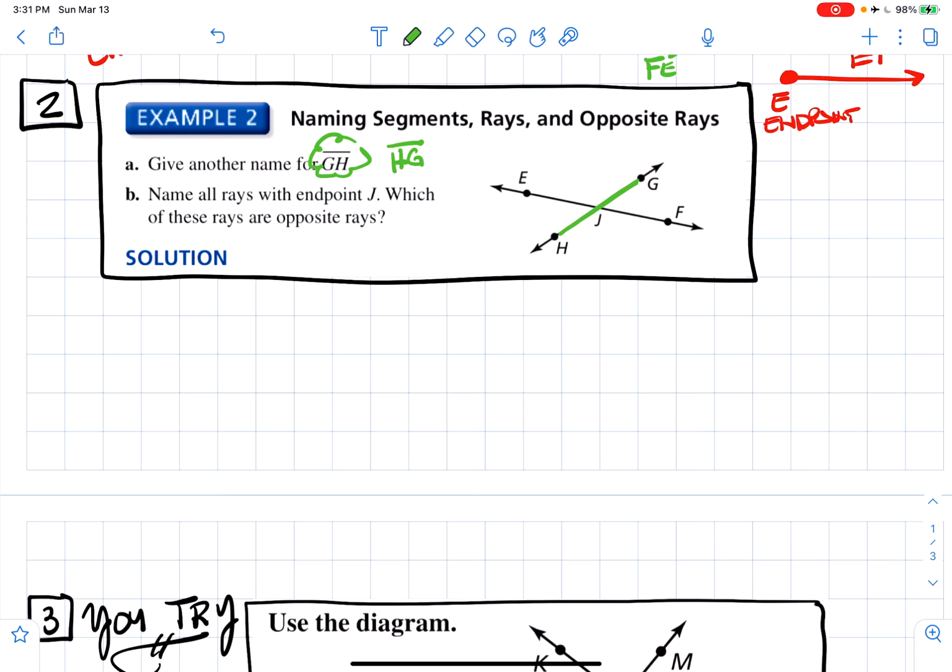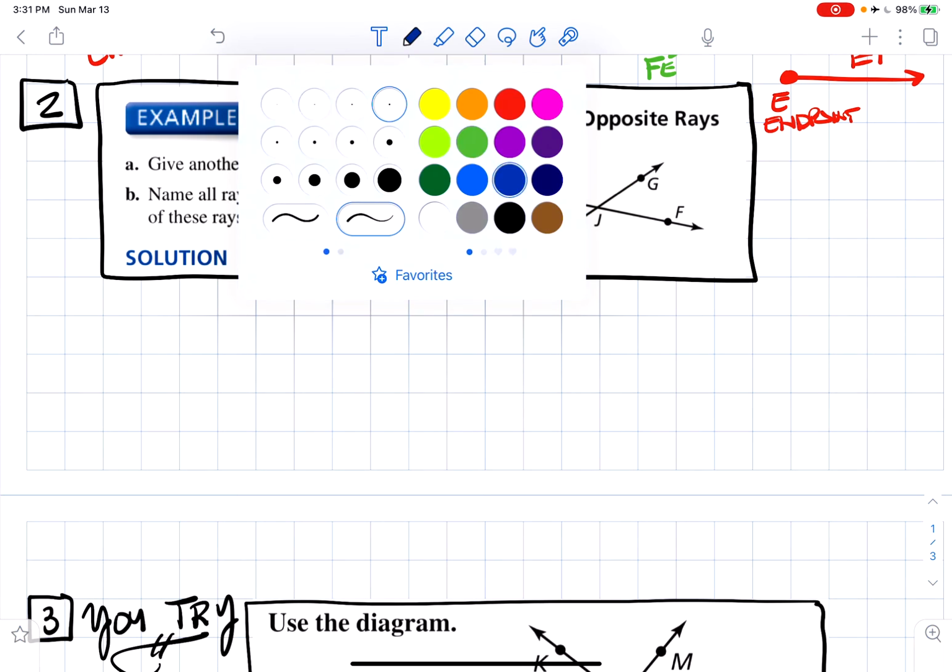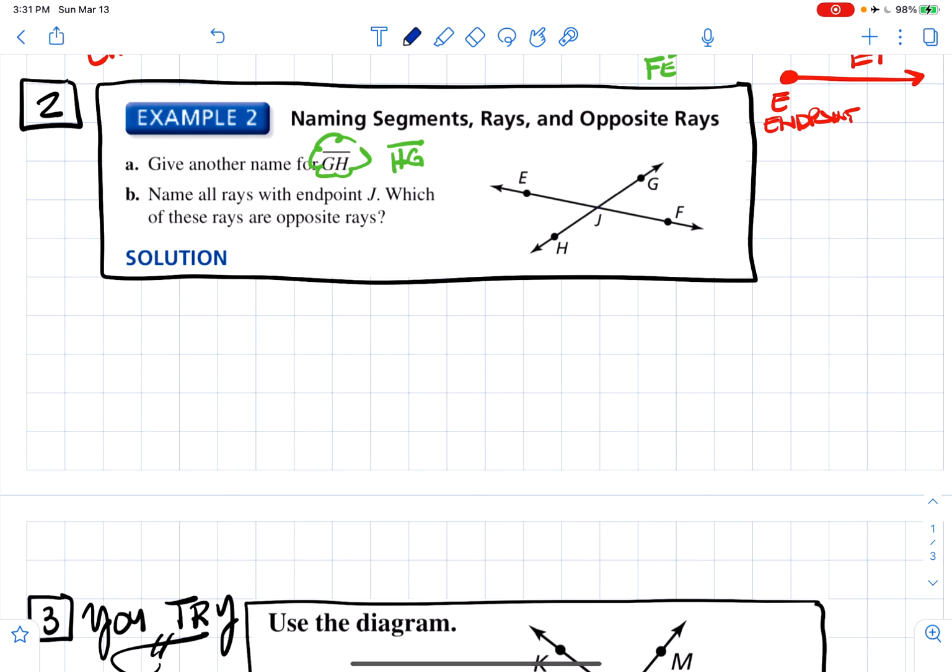Part B says name all the rays with endpoint J, and then which ones of these are opposite rays. So I'm going to do this for you in a dark blue. If this is my endpoint, I could have ray JH. And notice how I would label it, starting with J as the endpoint and then going out towards H. I could also have JE, this ray here.